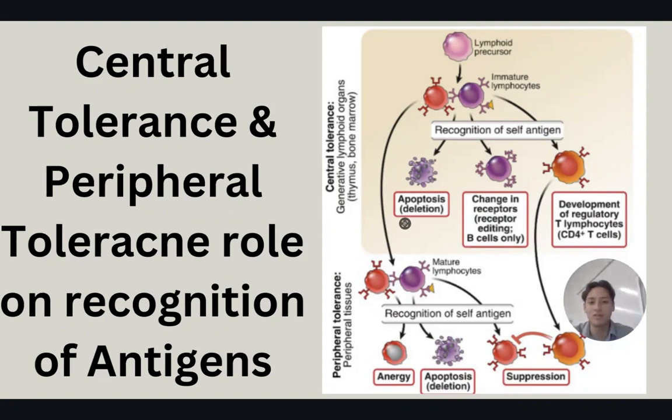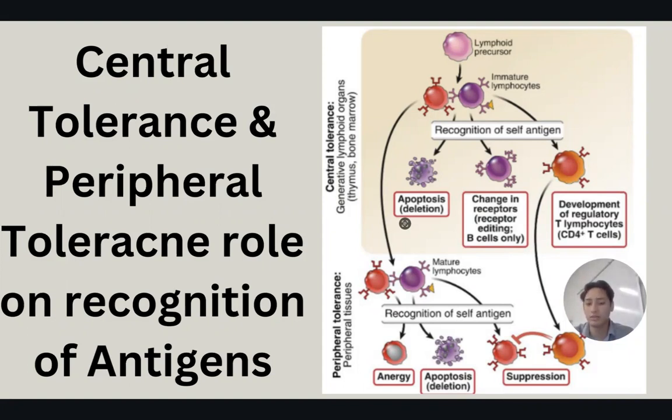One of those is central tolerance. This involves immature lymphocytes that recognize self-antigens going through certain changes. Central tolerance involves the lymphoid organs, the thymus and bone marrow. The results that can occur are apoptosis, receptor editing for the B cells, and development of regulatory T lymphocytes from CD4 plus T cells.